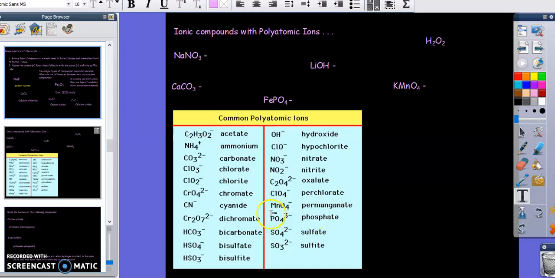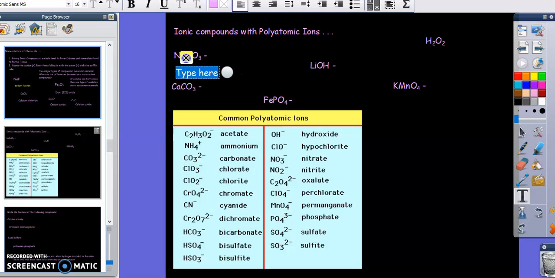So be very familiar with these. You'll see a lot of these show up, especially when you take pharmacology or get into pharmaceuticals. A lot of the names of the compounds that make up the drugs are going to have some of these members. But the rule stays the same.